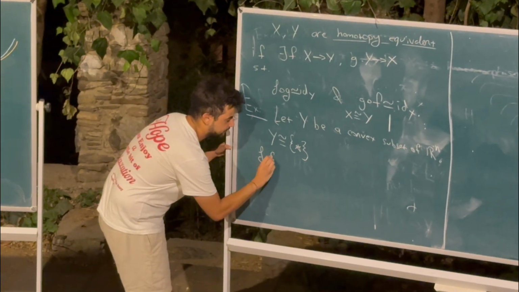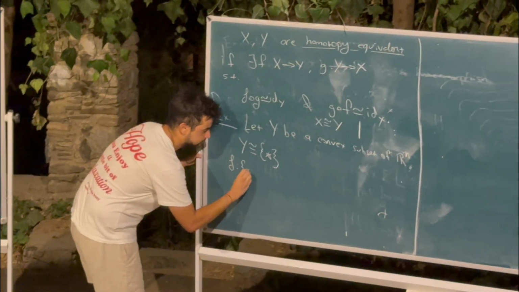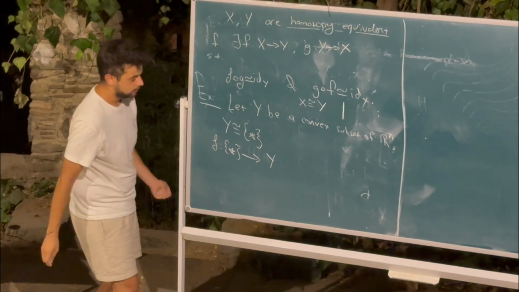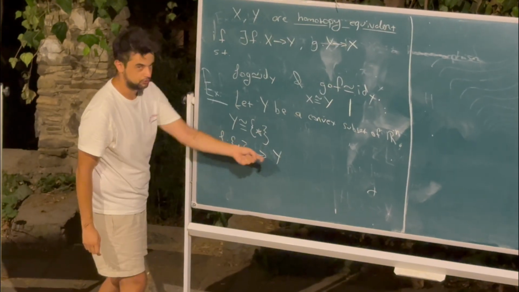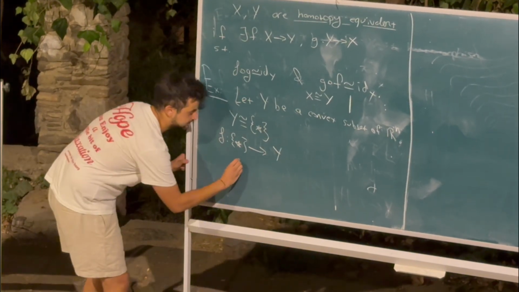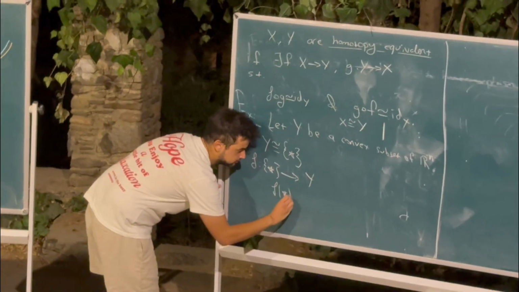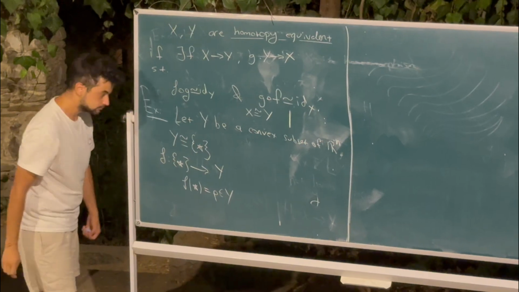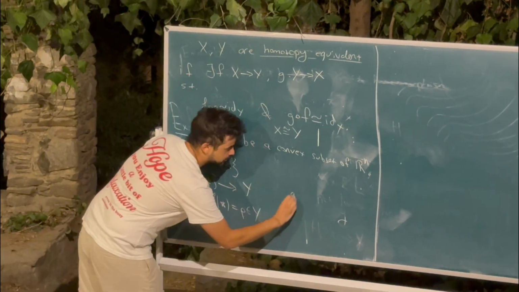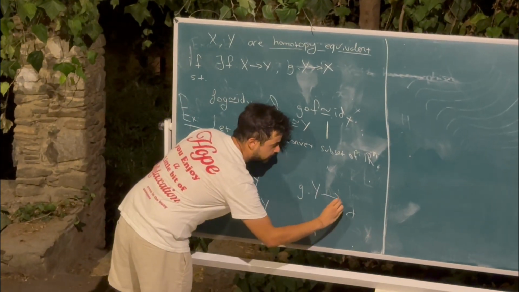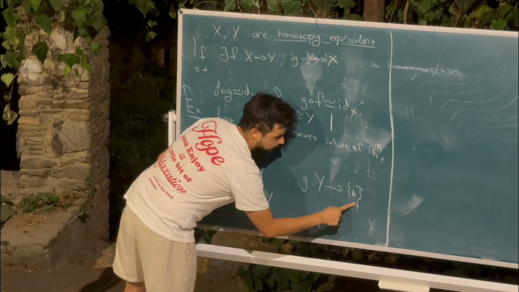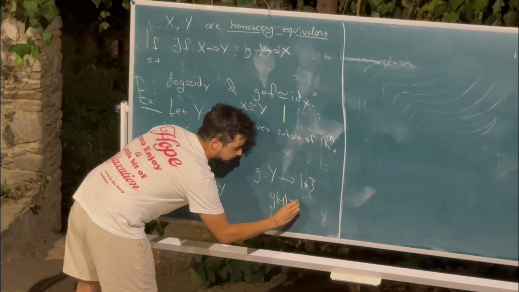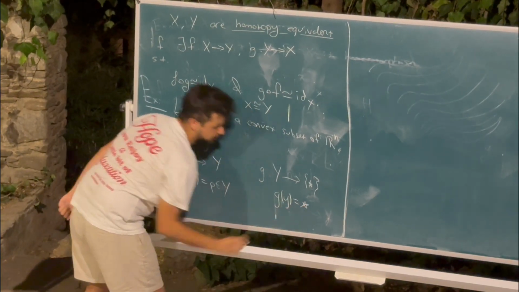Let's say f is from this set to Y. All you need to do is choose a point in Y. Let's say f of star is some p in Y. And we need to come up with a map from Y to the point. Well, there's only one map. So this is star.